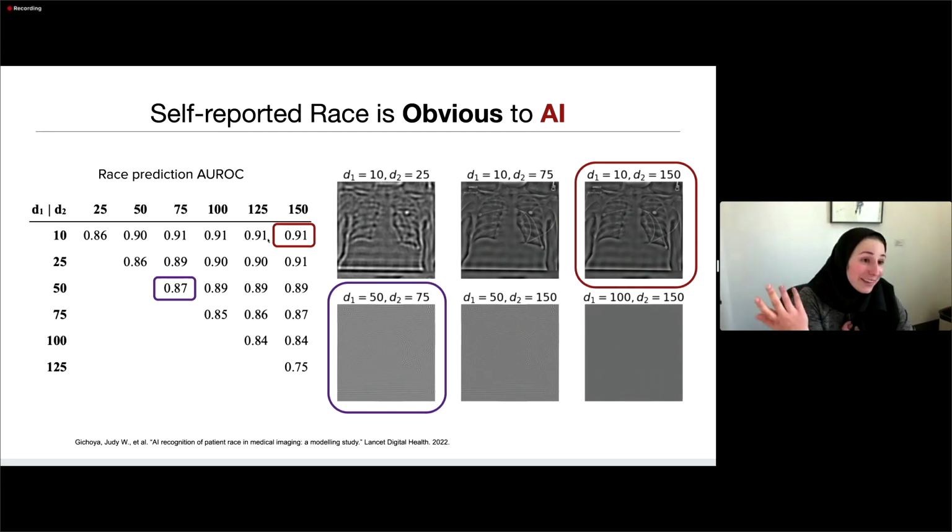I can tell you what I think this is. And of course, we can't 100% confirm this because we don't have photos of people's skin tone. We believe that this is the case because if you self-report African American or Black race, then your skin, we believe, is on average much darker than if you self-report white or Caucasian race.